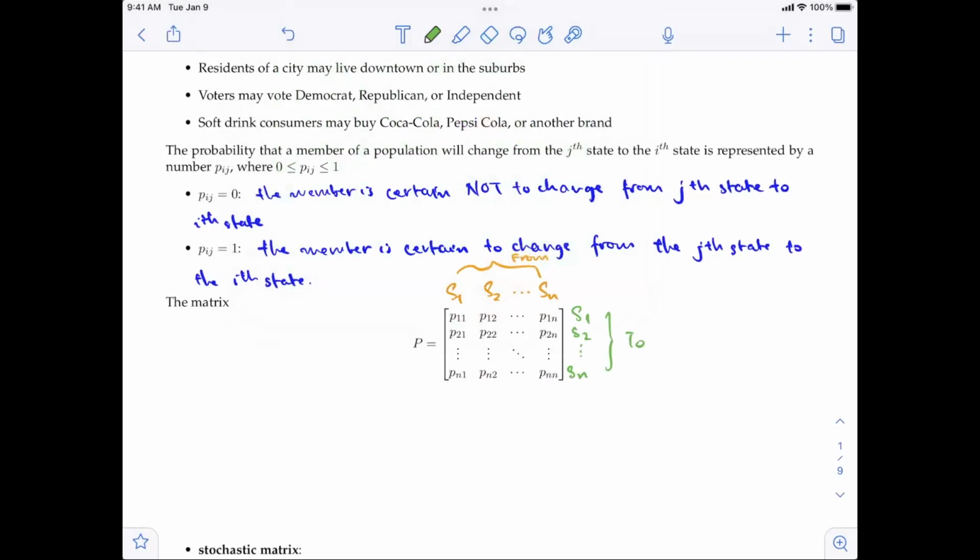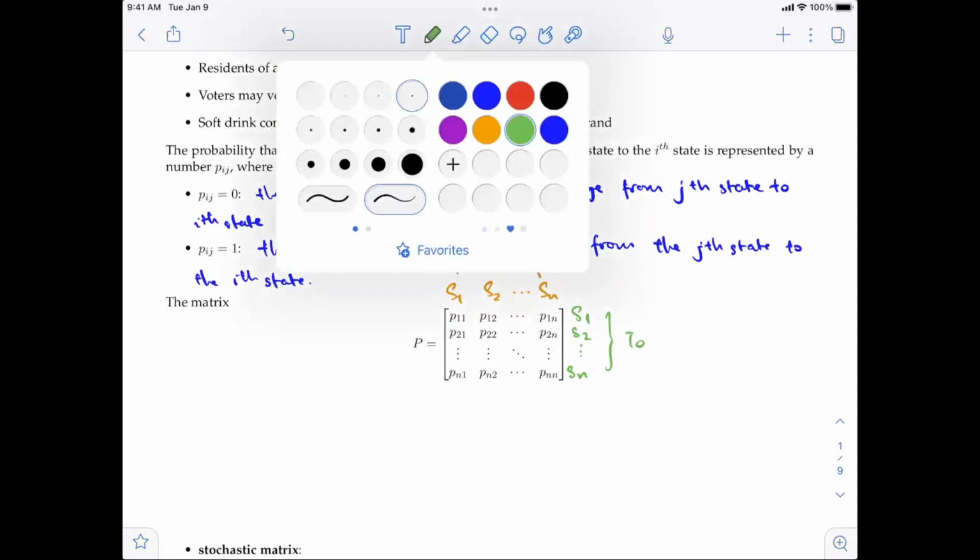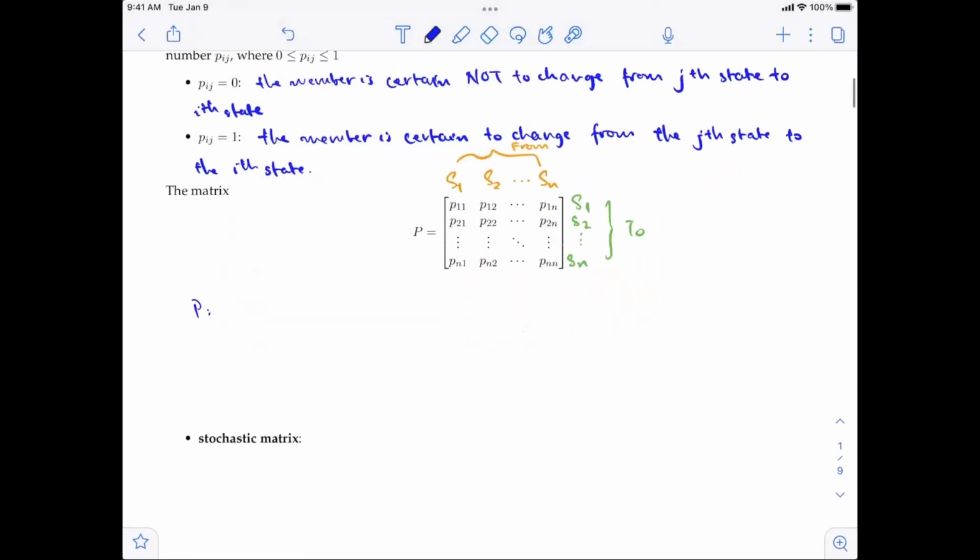And this matrix P is called the matrix of transition probabilities because you can make the transition from one state to another state. So P is the matrix of transition probabilities, right, because all the entries in this matrix consist of the probability of the member changing from one state to another state.